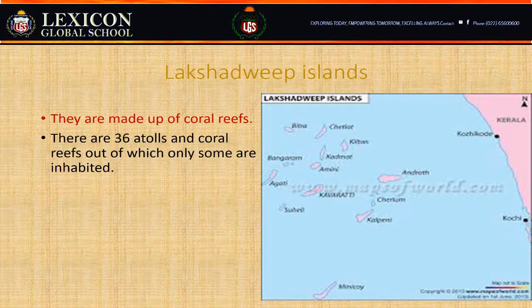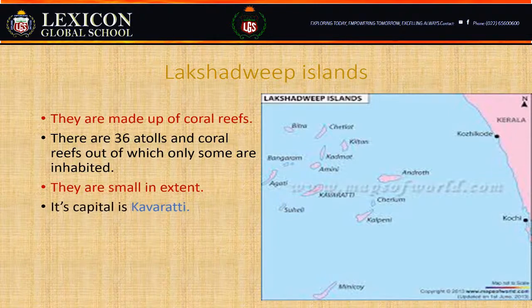That means only on some there is human inhabitation. They are small in extent and its capital is Kavaratti. It is India's smallest union territory and can be reached from Kozhikode or Kochi ports of India.